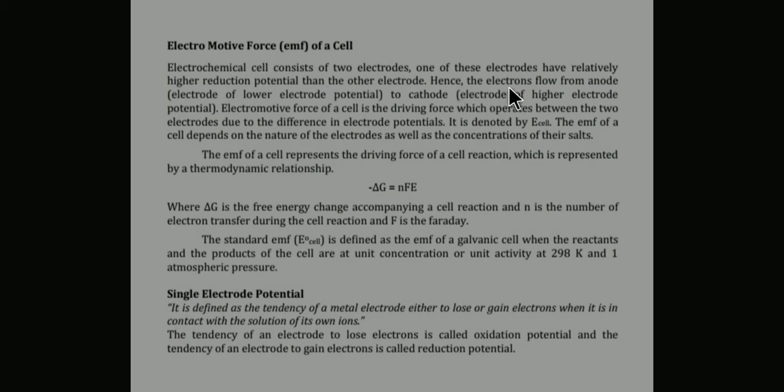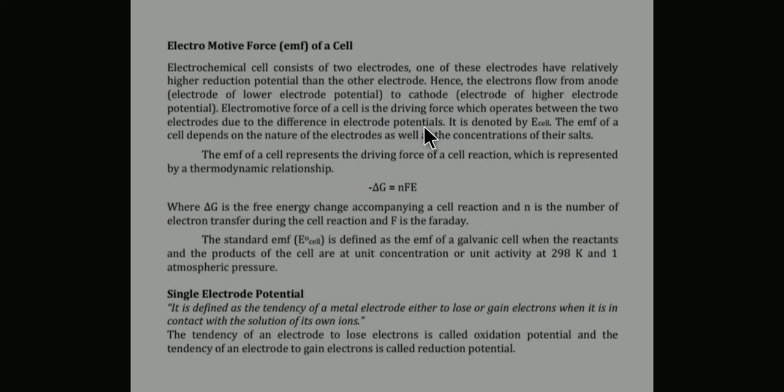Hence here the electrons flow from the anode, which has the lower electrode potential, to the cathode, which has the higher electrode potential. Okay, so this electromotive force of a cell is actually a driving force, which operates between two electrodes due to the difference in electrode potential.